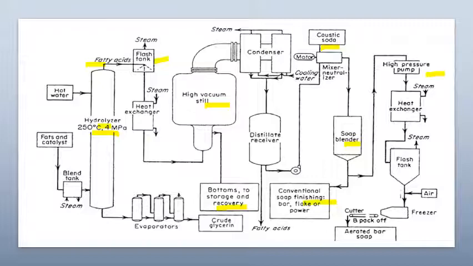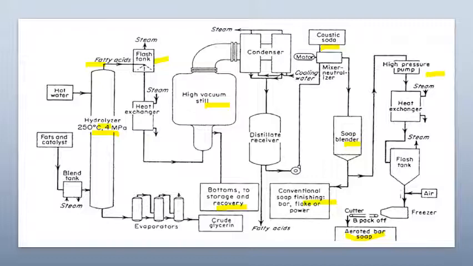Understood? And we have a specified bar of the soap. So these are all the continuous process. One additional process done is milling for the toilet soaps.